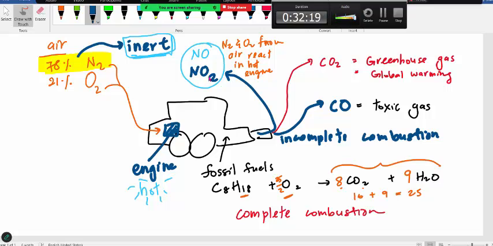It is a metal or non-metal oxide? So non-metal oxide will be acidic. Non-metal oxide will be acidic. Got it?